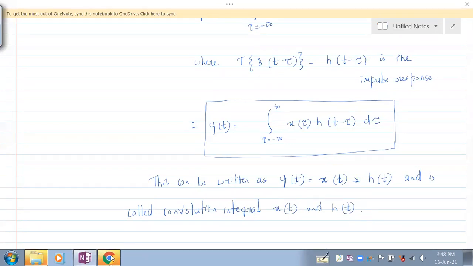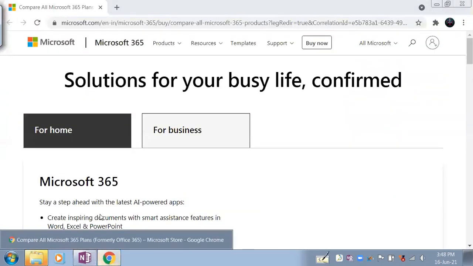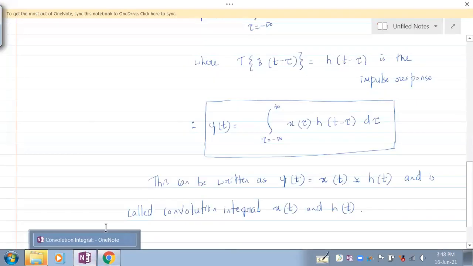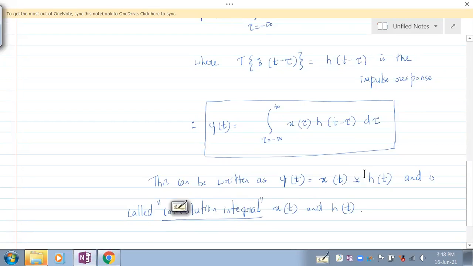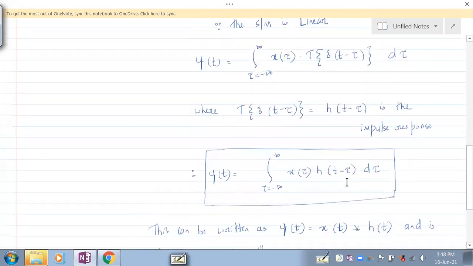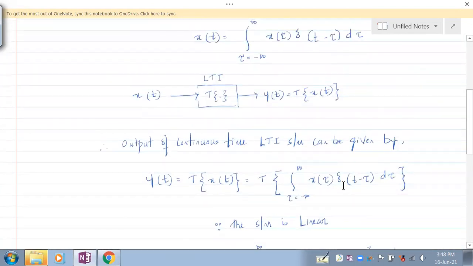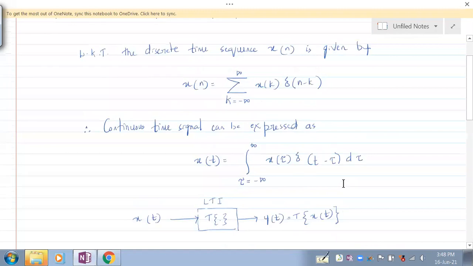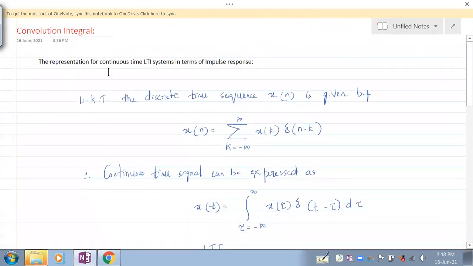So this is the convolution integral equation. If it is continuous time, the star has to be read as convolution integral. If it is discrete time, it has to be read as convolution sum. That's it. Fine. So this is the representation of a continuous time LTI system in terms of impulse response.